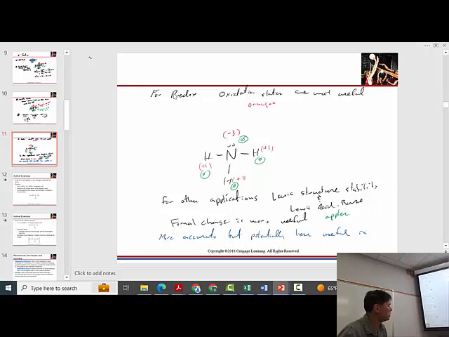The partial charges. So the charge for nitrogen is between 0 and -3. I don't know what that is, so we're just going to call it delta minus. Delta minus is something between 0 and -3. And the charge on hydrogen is somewhere between 0 and +1.